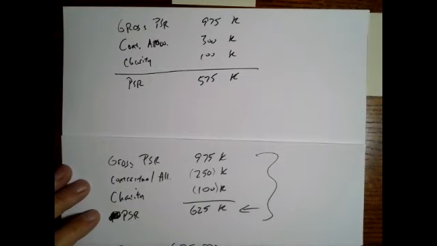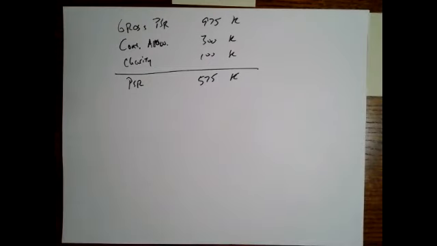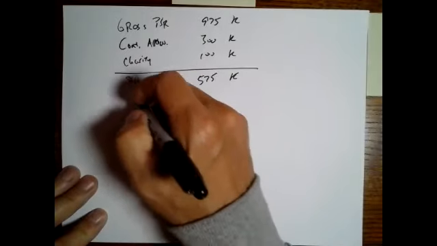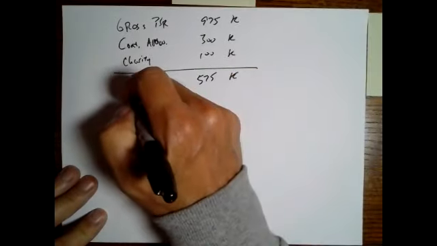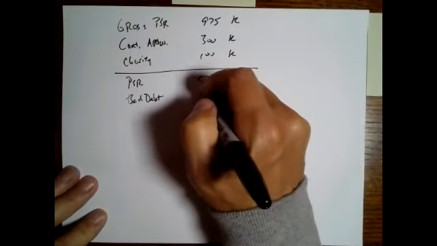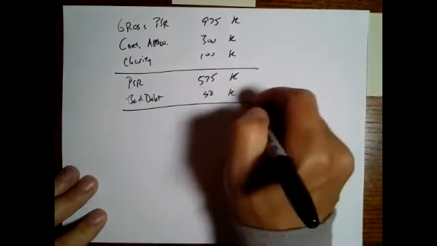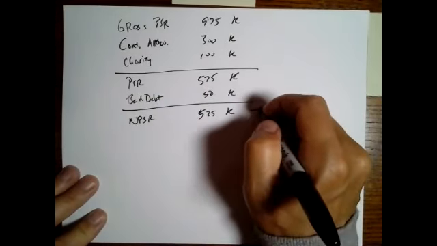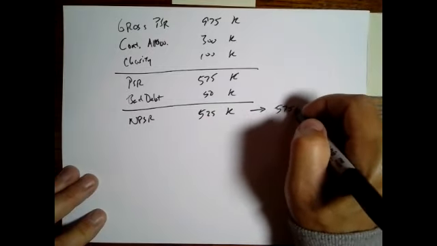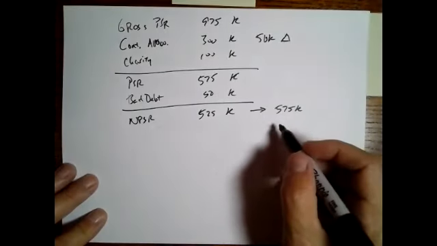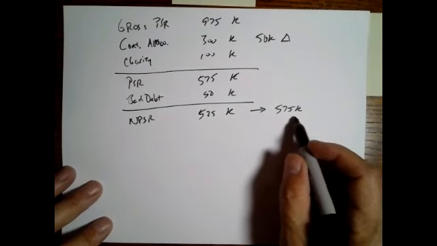Then to get to our NPSR, bad debt is still 50. And so NPSR is 525, right? So 525 versus 575. It's that 50K difference from up here. So NPSR is overstated by 50,000.